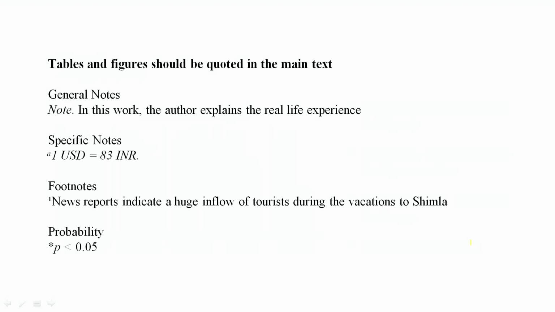So, in some cases, you can find general notes, and in some cases, like when you have to use currency conversion, I used alpha, A, or footnotes 1. When you use a statistical test and present the result in terms of p-value, it is in italics. So, make sure that you go through the formatting guidelines carefully while you prepare your manuscript.